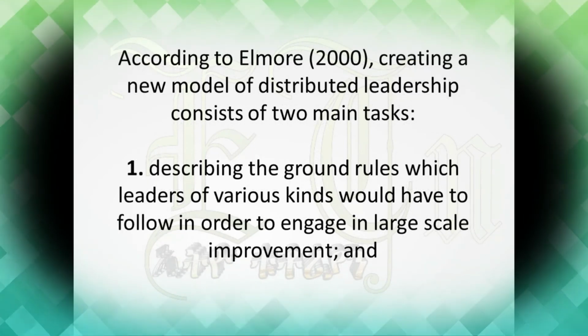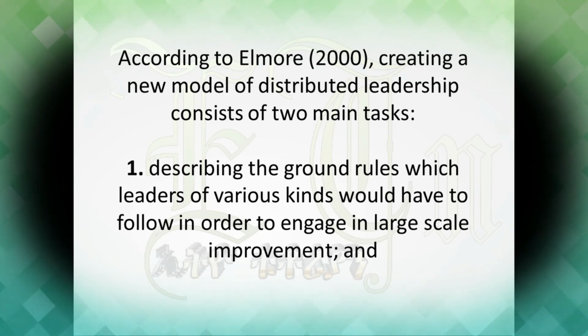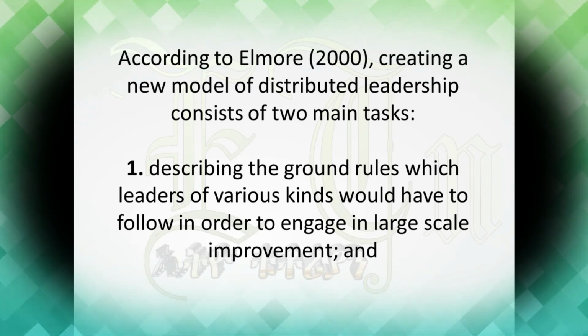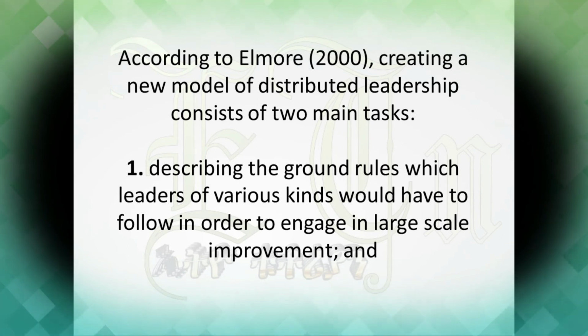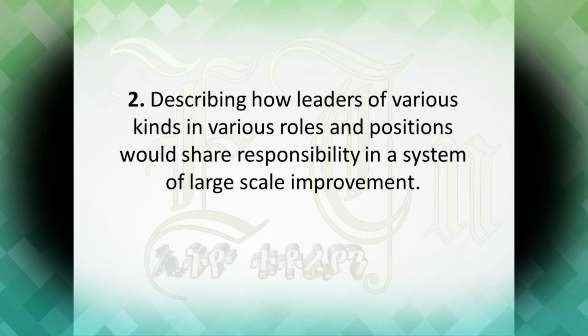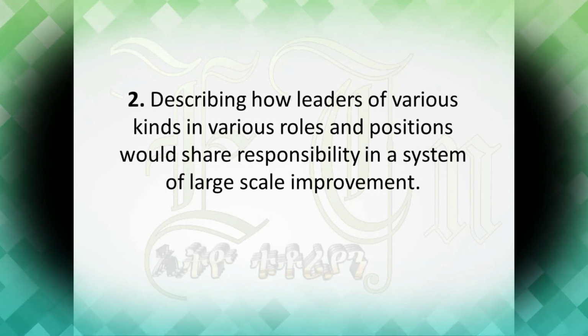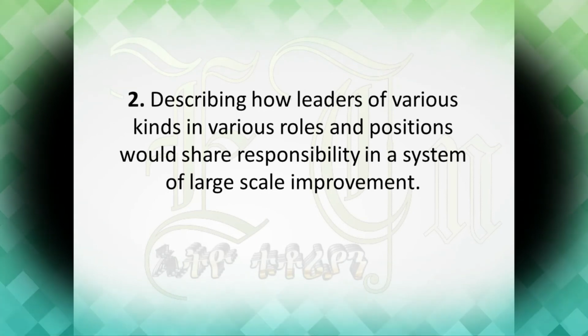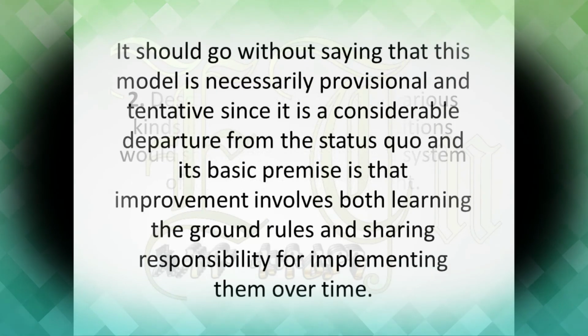According to Elmore, 2000, creating a new model of distributed leadership consists of two main tasks. One, describing the ground rules which leaders of various kinds would have to follow in order to engage in large-scale improvement. And two, describing how leaders of various kinds in various roles and positions would share responsibility in a system of large-scale improvement.